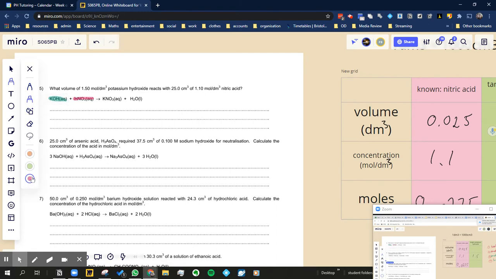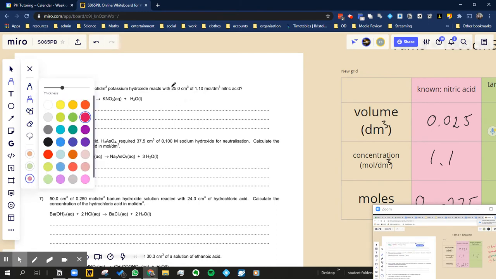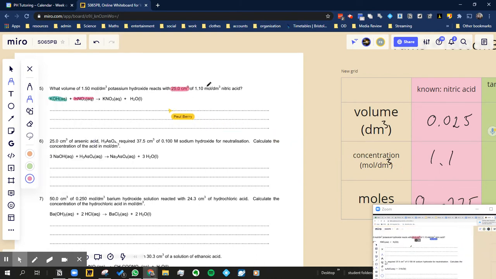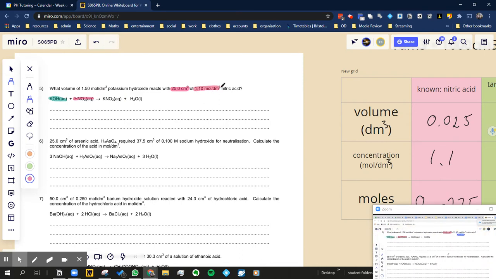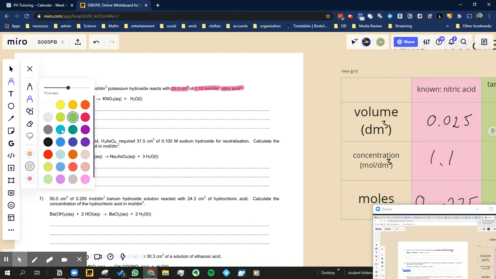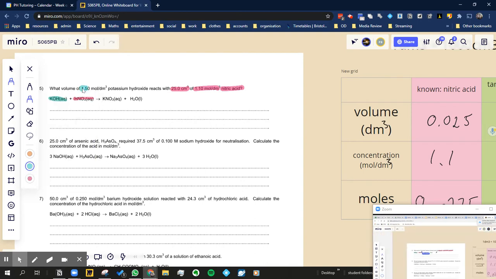HNO3, so that's this one here. That's the volume in centimeters cubed, and that's the concentration of nitric acid. And then we'll pick the blue for the other one. That's the concentration of that one, and the volume is what we're trying to find out. So the volume is the target of that one there.